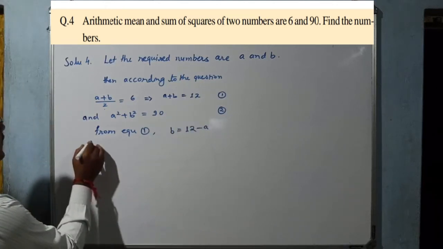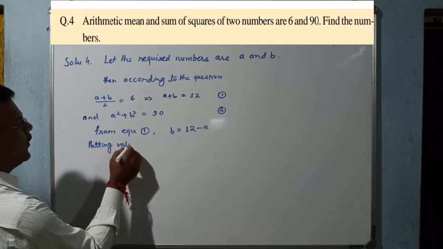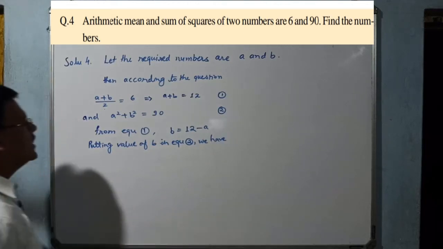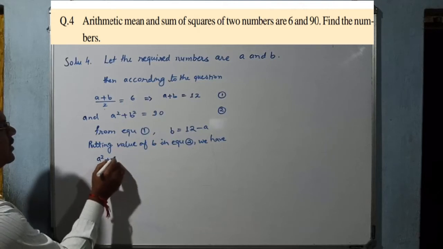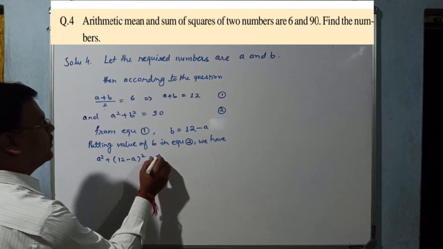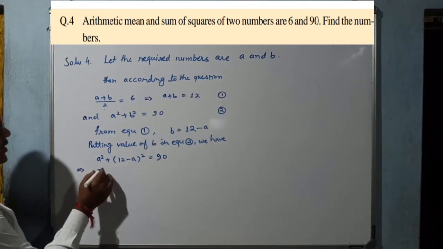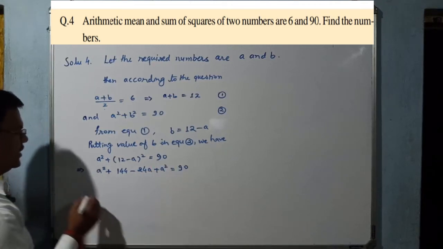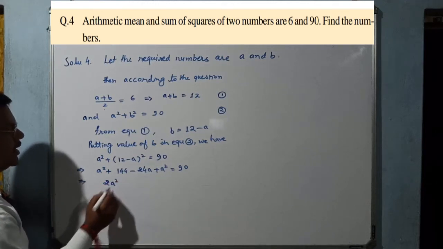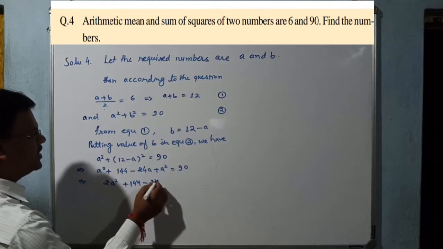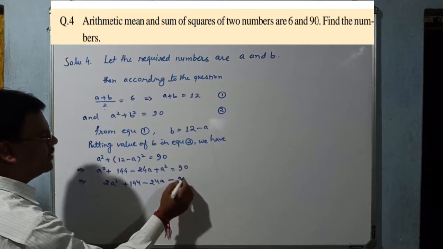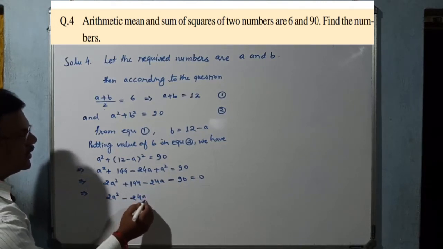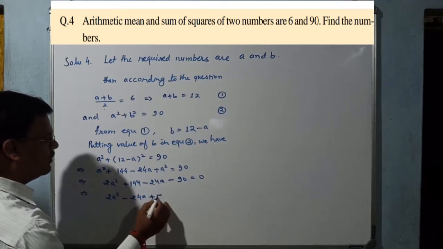Putting the value of b in equation 2, we have a square plus (12 minus a) whole square equal to 90. a square plus 144 minus 24a plus a square equals 90. So 2a square plus 144 minus 24a, transposing 90 to the left side, 2a square minus 24a plus 144 minus 90, which is 54, equals 0.